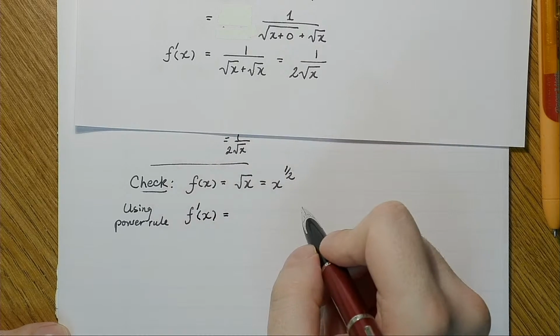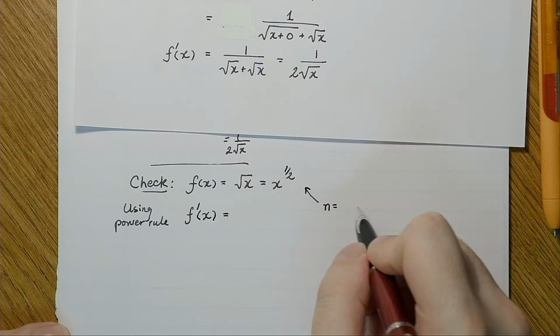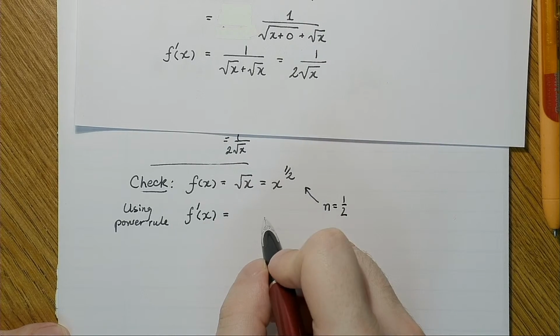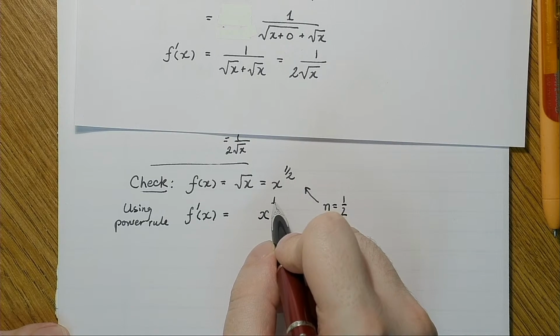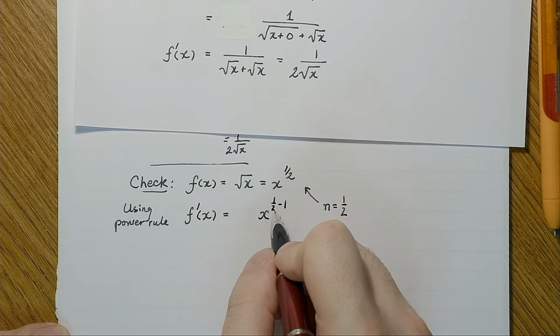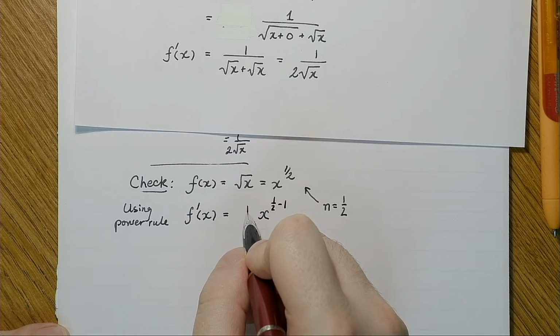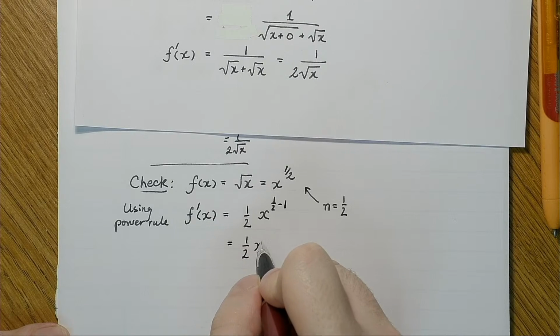So using our power rule, in this case, our n equals 1/2. So x to the 1/2 minus 1, so there's our n minus 1, multiplied by n, which in this case is 1/2. So we're left with 1/2 x.